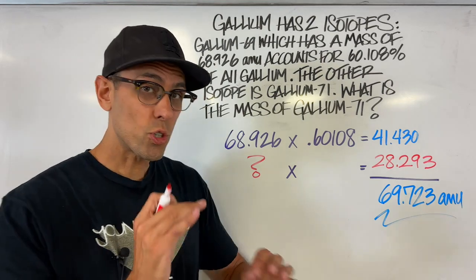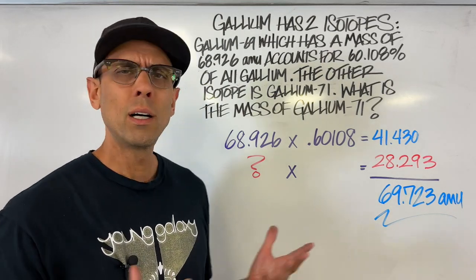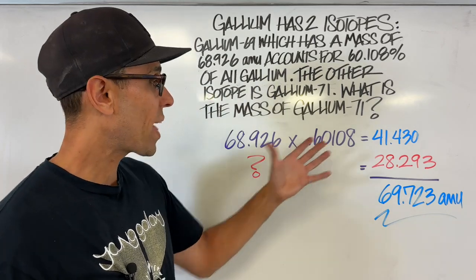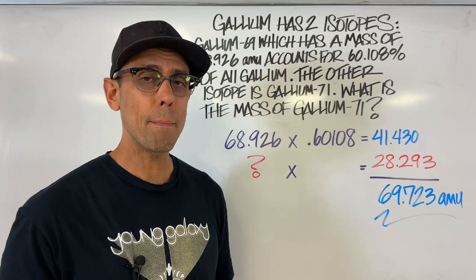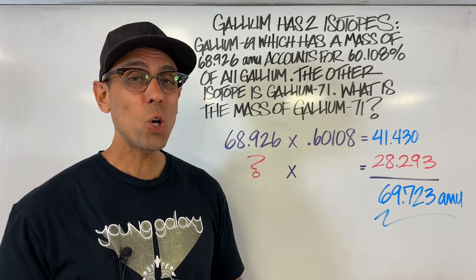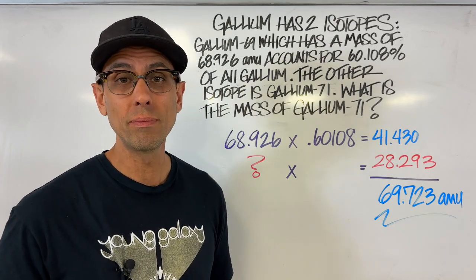Okay, so we're slowly going to fill in these missing puzzle pieces. Next, let's look at the percent abundance. We know that the first isotope occurs about 60% of the time. Remember, there's only two isotopes. So in total, what do their percent abundances have to equal?